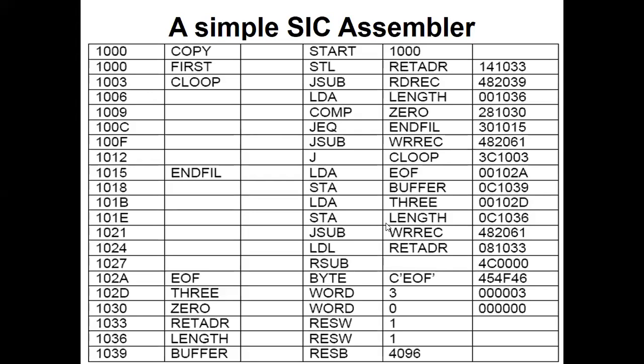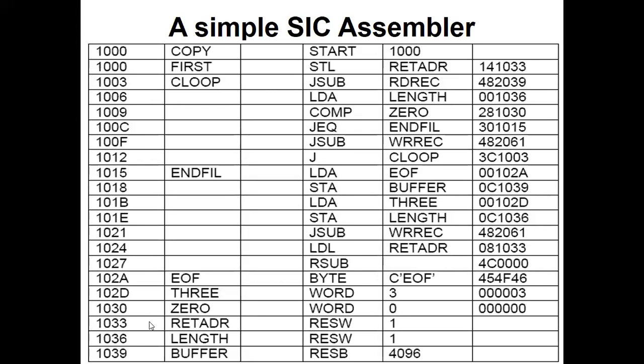Okay, so there we are. So if the opcode is 14, so that is the opcode. What we need is the address of RETADR. We have to find out where RETADR is, the address where it is going to be found, the label RETADR.